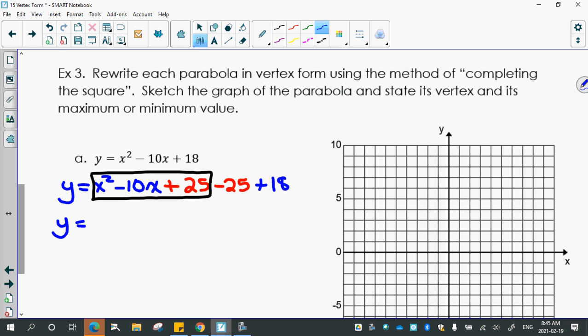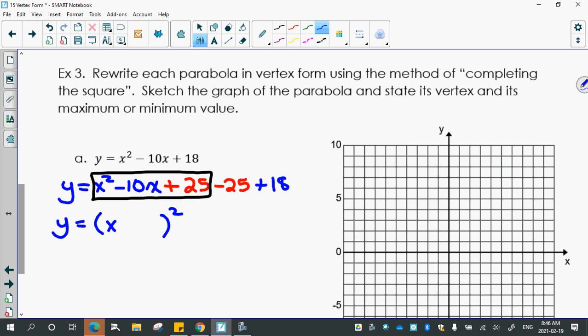So see if you can get the x part of the vertex. What would be in these brackets with the square? So you can remember how to figure out what goes in this. What do you think it is?